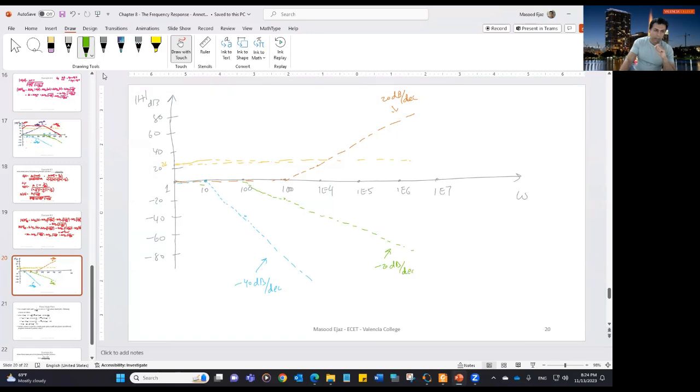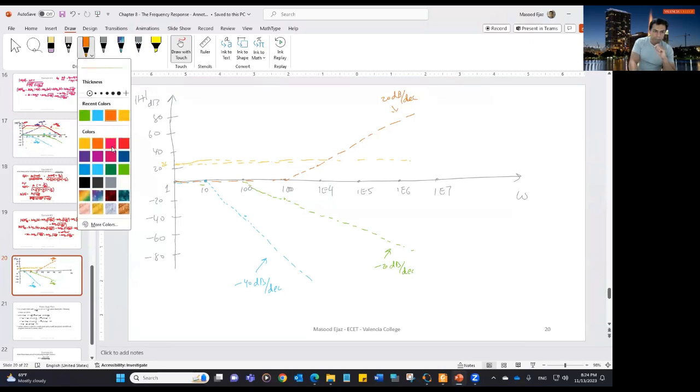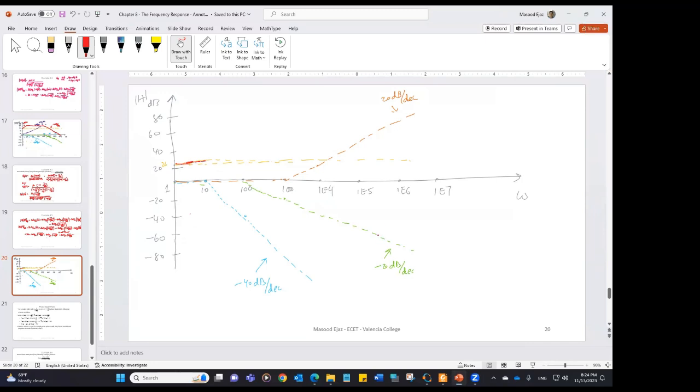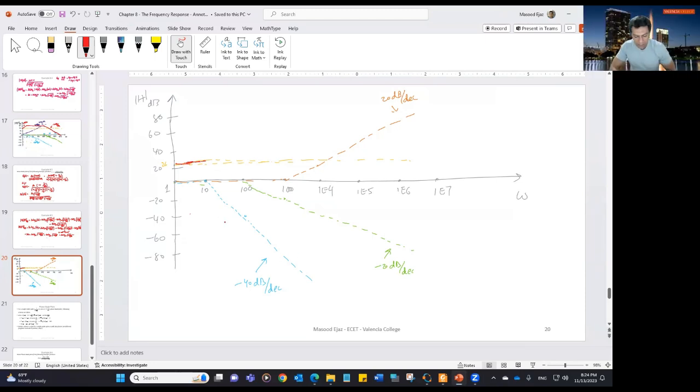And then I'm going to add all of them together to produce my Bode plot. Red color. So I have 26 until 10 because there is no other line. Only the 26 is until 10. What's going to happen after 10? It's going to decrease by negative 40. So it's going to go 26 to 6, and then 6 to what, negative 14, right?